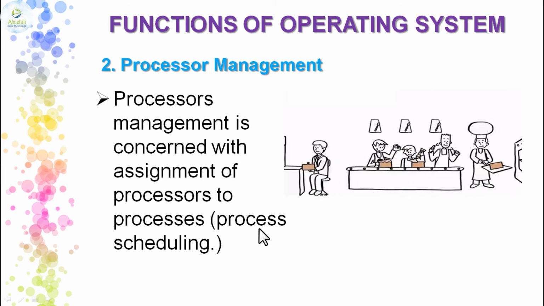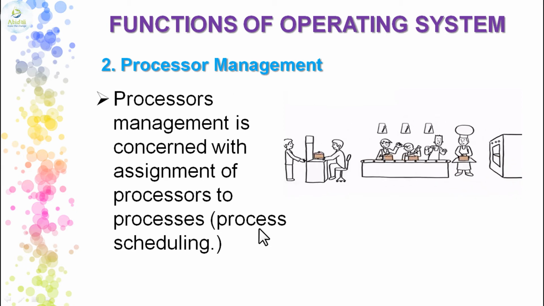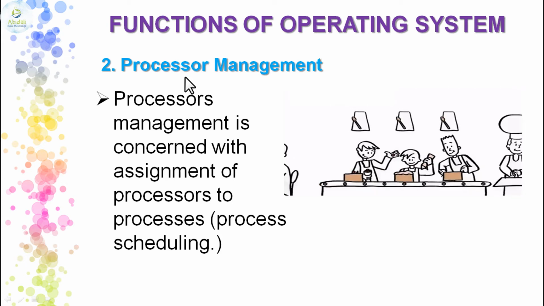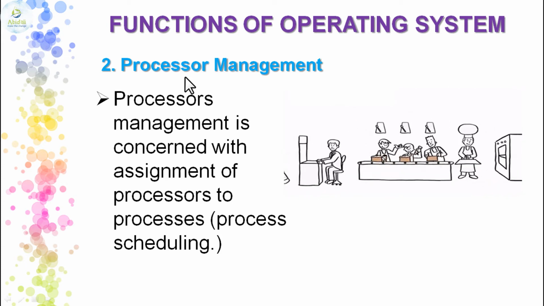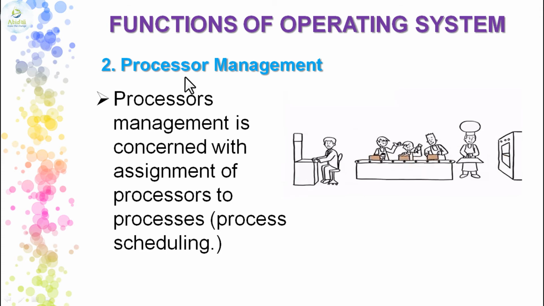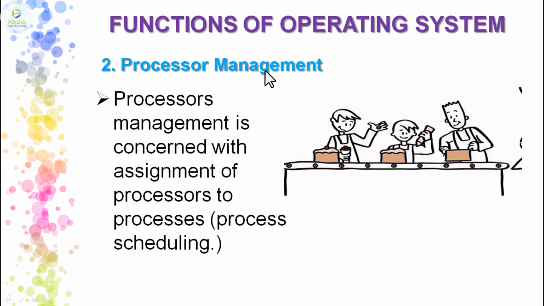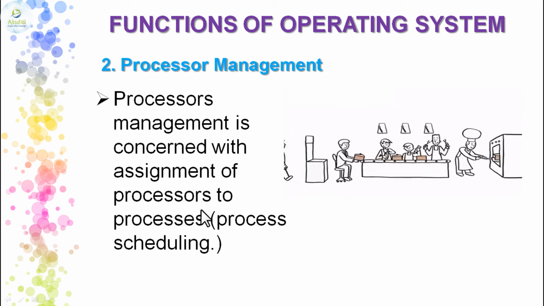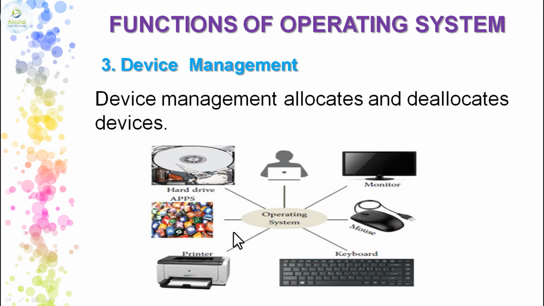Okay, you cannot put the strawberry on the plate instead of the cake. So everything is scheduled over here. So that is the work of the operating system, managing all the scheduled processes which should go on time. It should not be delayed. Okay, the execution of instructions should not be delayed. That's the work of the processor management. Okay, it's going to assign the process to the processor, that is scheduling the process.